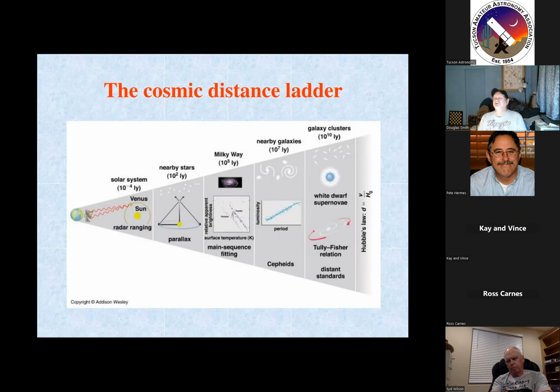That takes you pretty much the whole Milky Way. You've got nearby galaxies, which you can do with Cepheid variables. You've got galaxy clusters, which go all the way out, which you can do with the white dwarf supernova, which is the type 1a supernova. And then you've got Hubble's law at the end there.